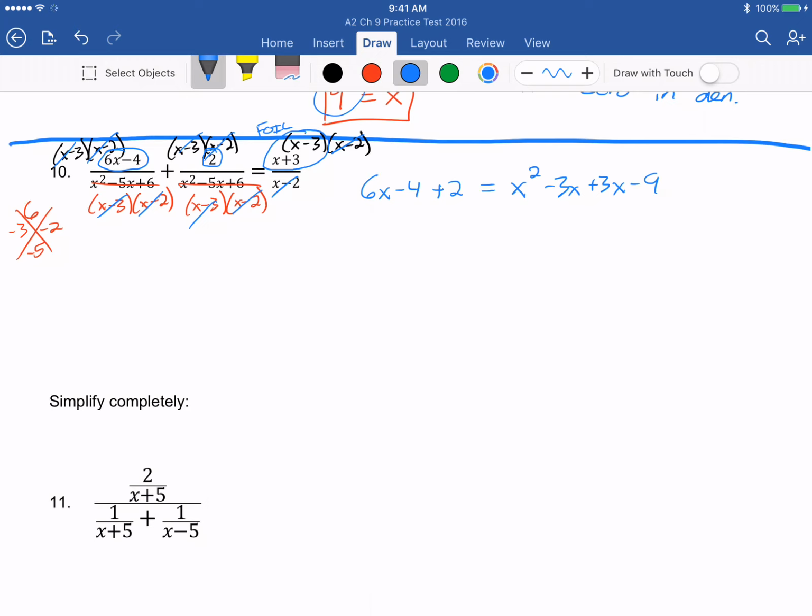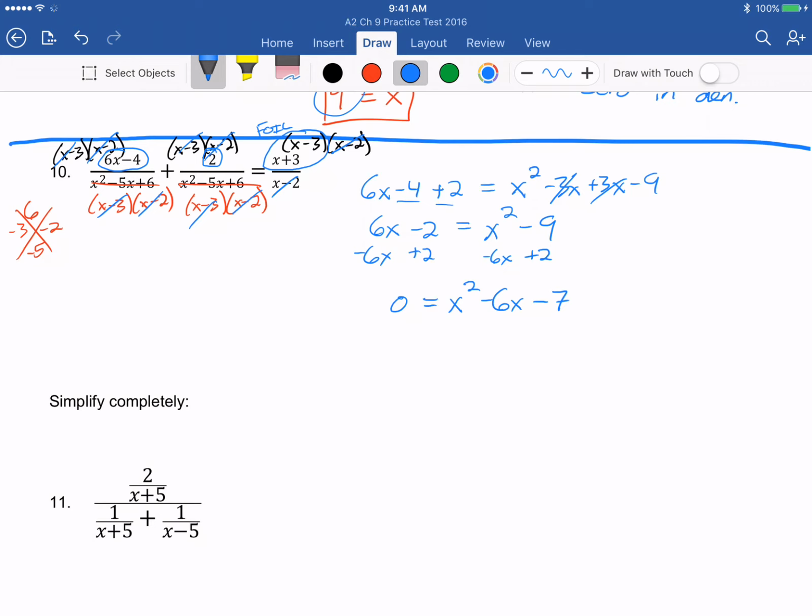Alright, so if I go through here and look, this is going to be 6x minus 2 equals, combining these guys, these guys cancel out, I get x squared minus 9. So here I'm going to have to solve a quadratic. So I have to get all these things on the same side. So I add this 2 over, subtract this 6x. So now I get 0 equals x squared minus 6x minus 7.